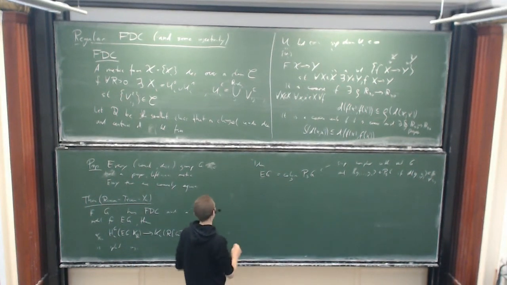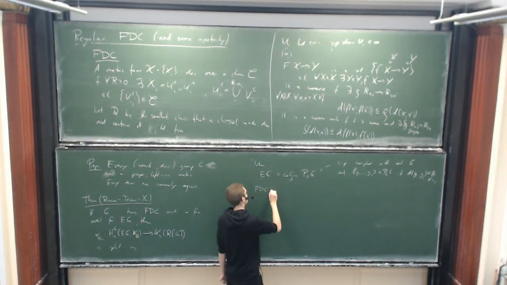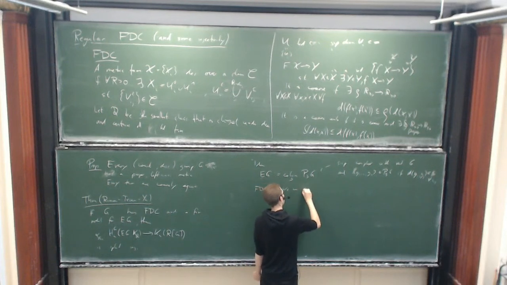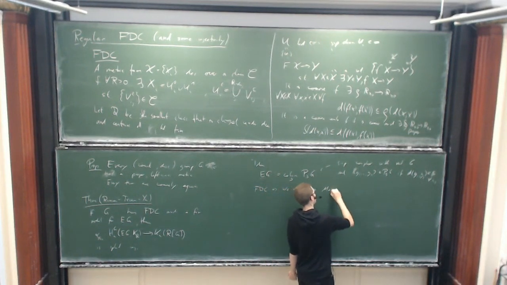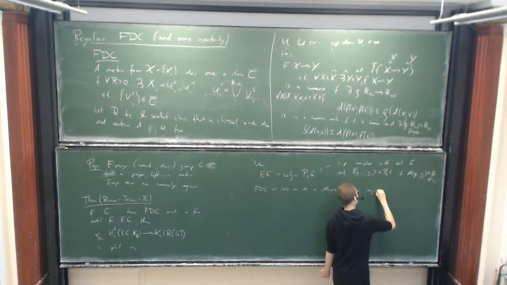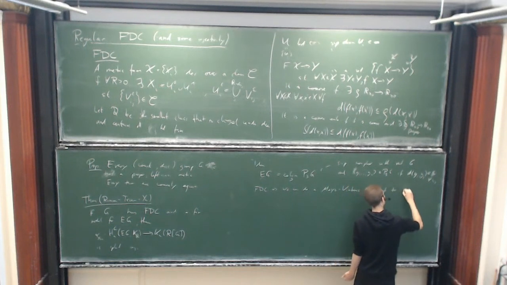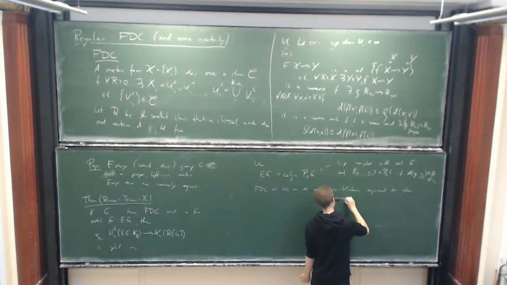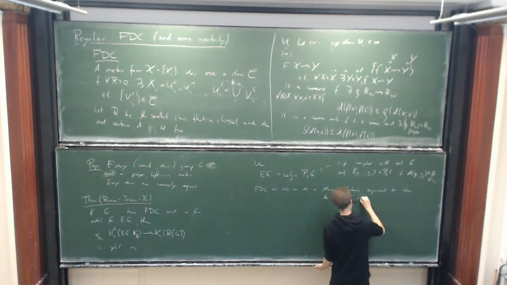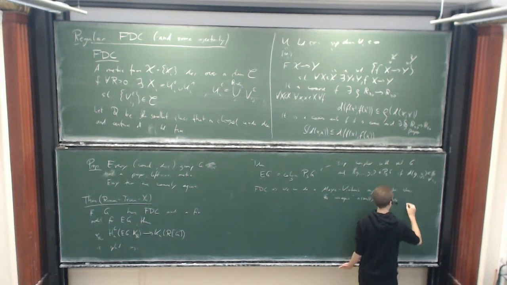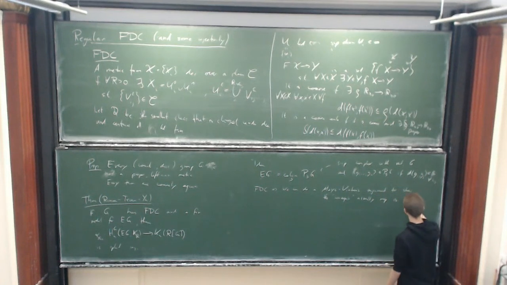And now FDC implies that we can do a Mayer-Vietoris argument to show that the unequivariant assembly map is an isomorphism.